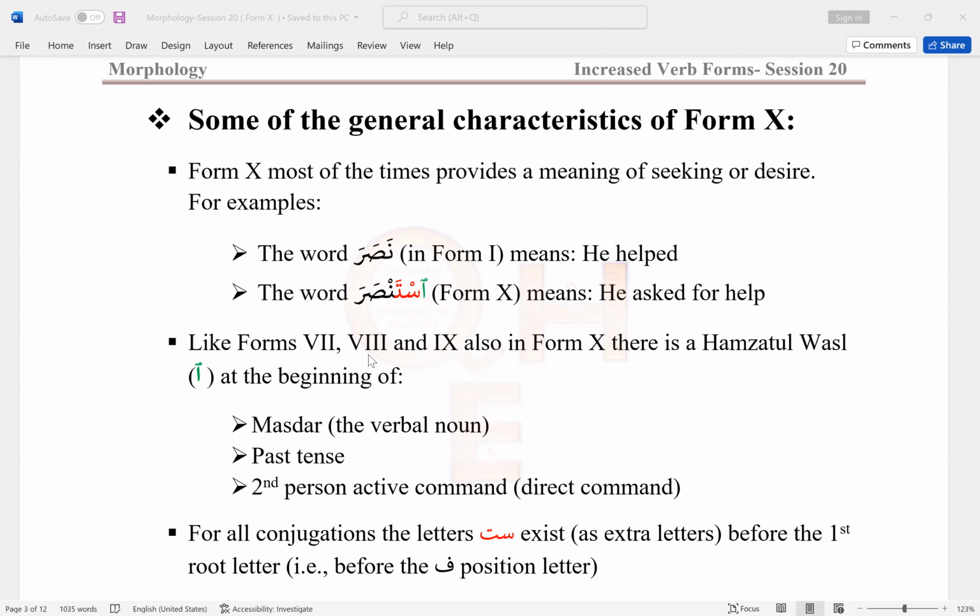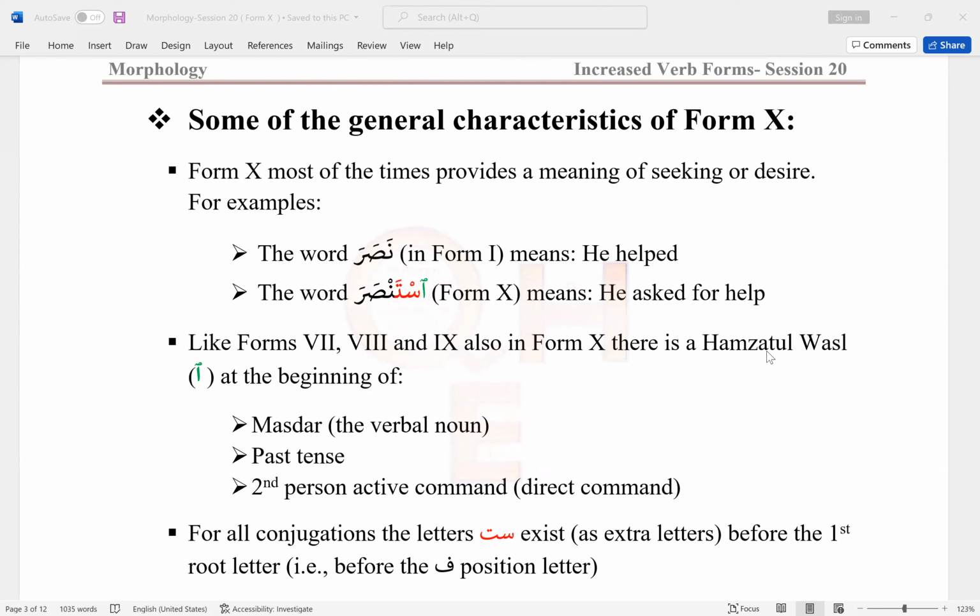Like Form 8 and 9, Form 10 also carries Hamzatul Wasl at the beginning of these conjugations. So at the beginning of masdar, past tense, and second person active command or direct command, there is Hamzatul Wasl at the beginning.